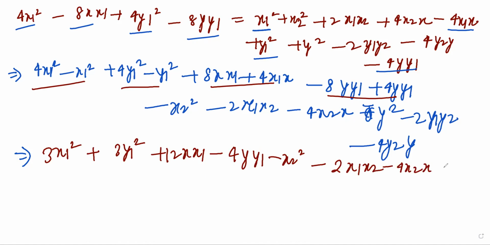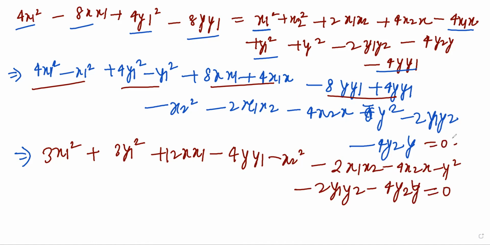So it will be what? It is here minus now. So it is minus y square minus 2y1 y2 minus 4y2y is equal to 0. Right. So right up to this point, then I will tell the next step how to arrange.